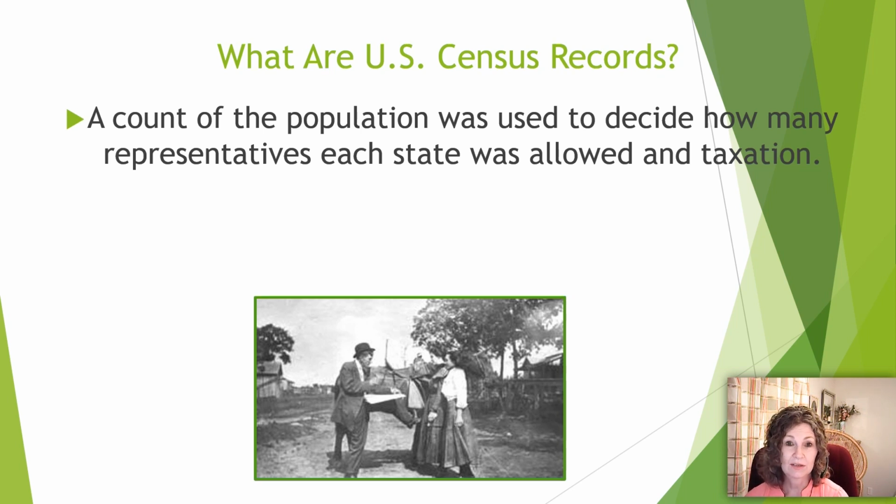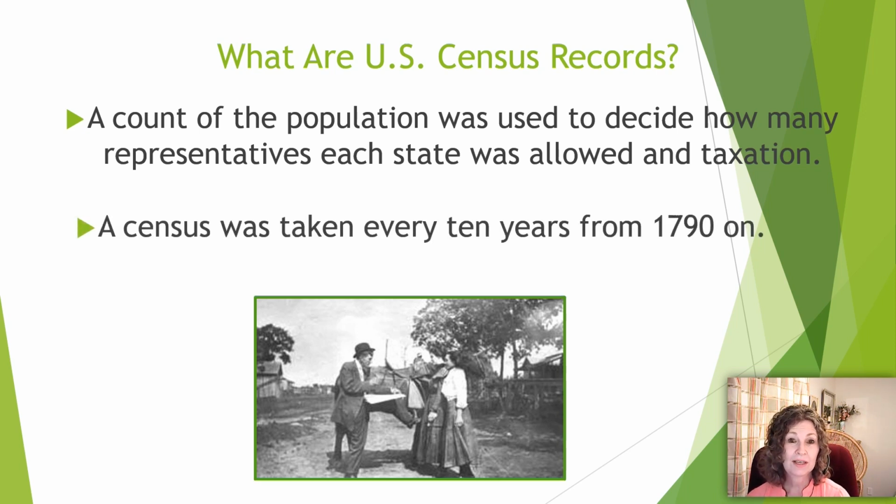They needed to find a way to take care of things, and they needed some tax money. And so how were they to know unless they knew how many people were living in each area, how much tax they could require from the local governments and the state governments? So they set a law out that a census was to be taken every 10 years from 1790 on.